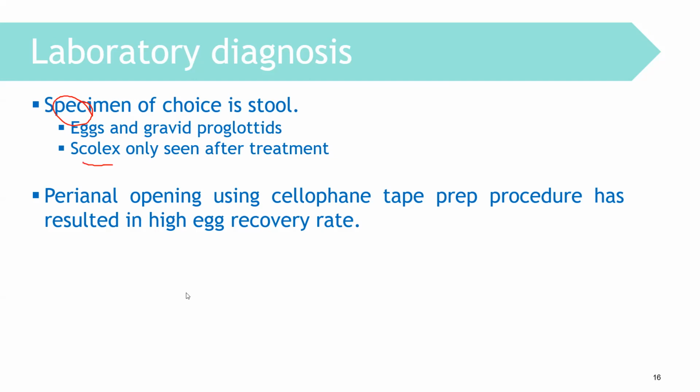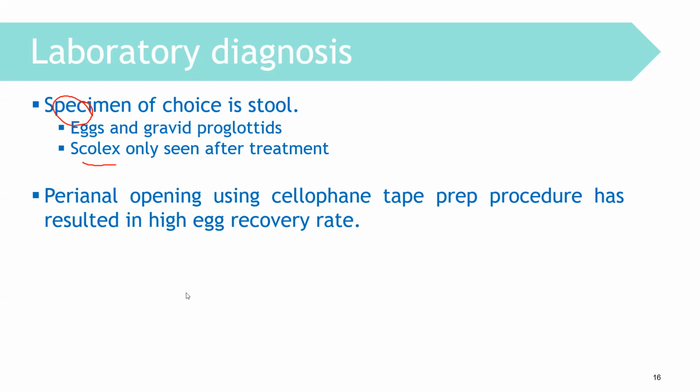However, the scolex may also be seen in cases where the parasite is dead. And we said that a successful treatment, a successful medication, a successful management against cestodes will demonstrate the presence of the scolex.